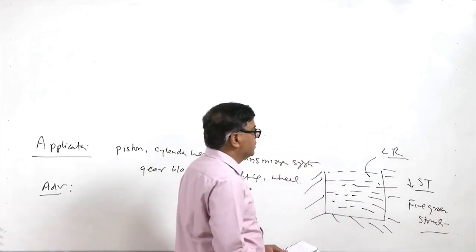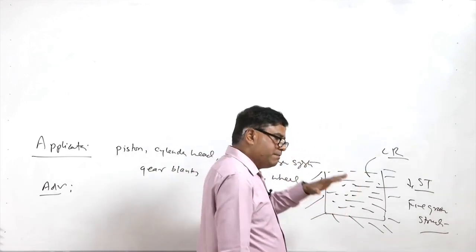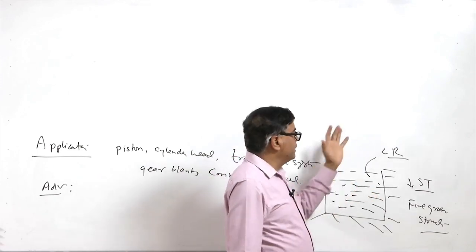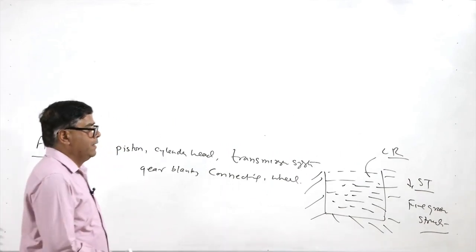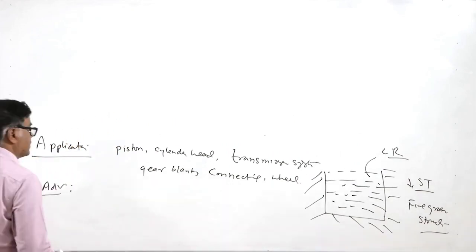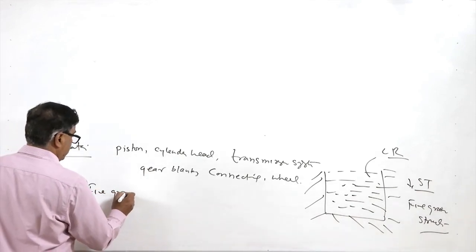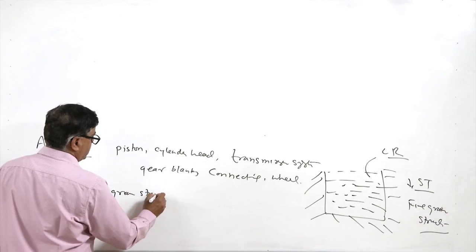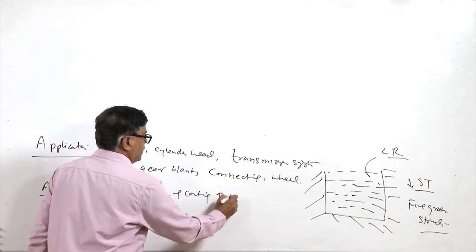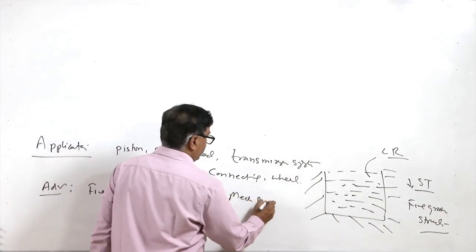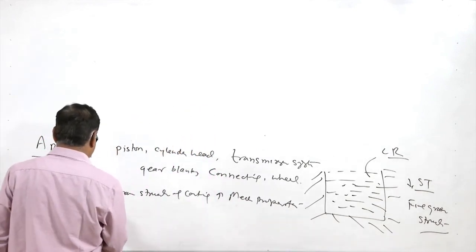The grain structure produced by permanent mold casting for the same metal is much finer as compared to that produced by the sand mold casting process, shell molding or investment casting process. So, because of the fine grain structure of castings, it results in better mechanical properties in the permanent mold casting process.